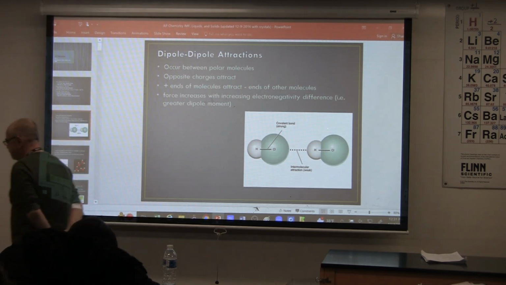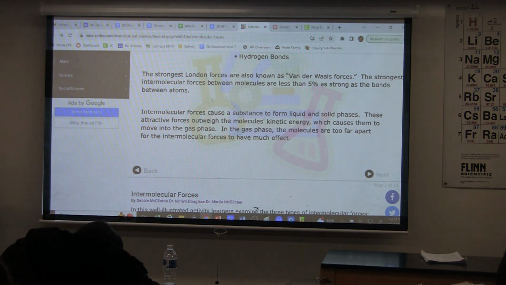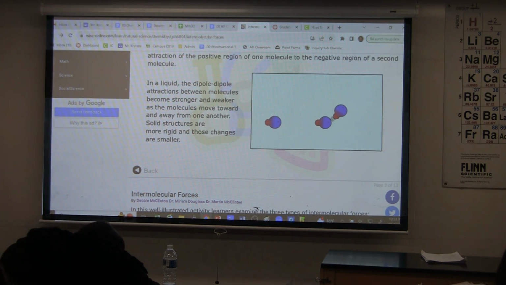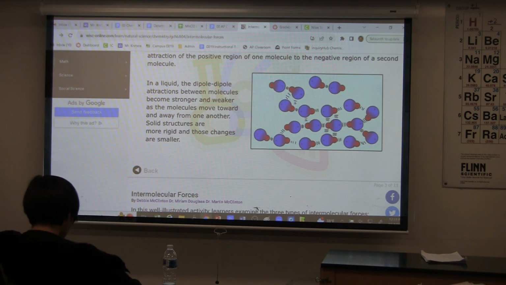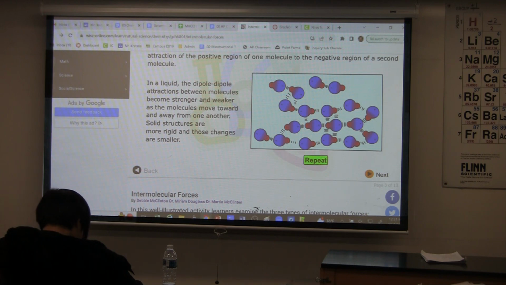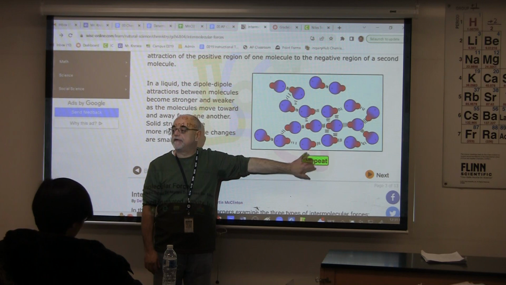Let's look at it maybe more dynamically, if I may. Here you see it happening in action. The opposite ends just kind of line up, and through those attractions are held together. Wait, so is it like positive and negative? Remember, a dipole, meaning a molecule that's polar, has a positive and a negative end.